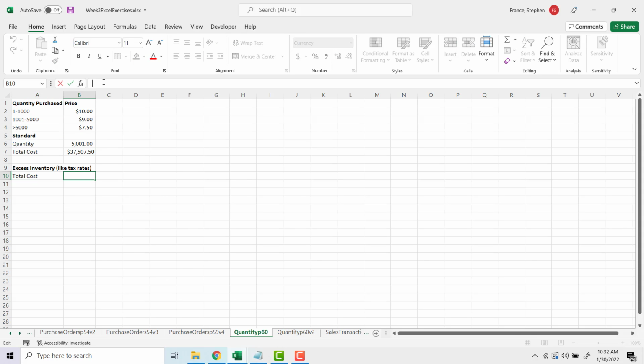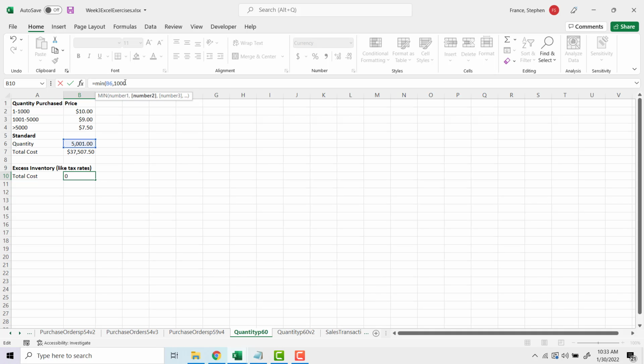So we're actually going to look at each row individually. So up to 1,000. What we're going to do is say MIN, which is the function for the minimum, of quantity and 1,000. All that's saying is it's going to be no more than 1,000.